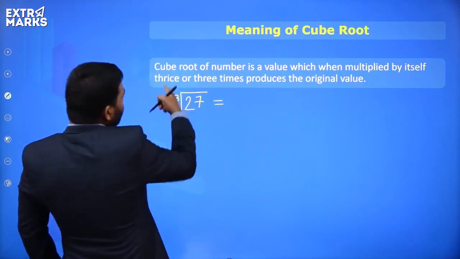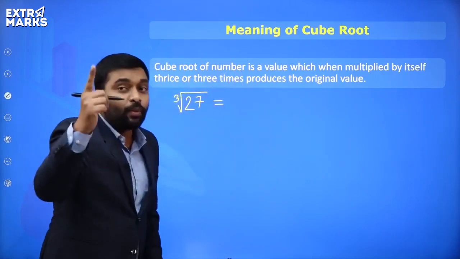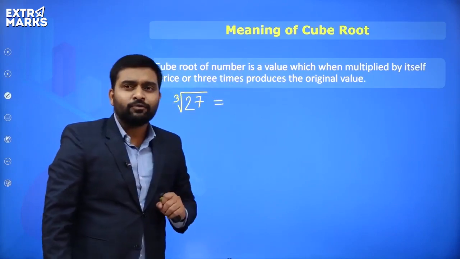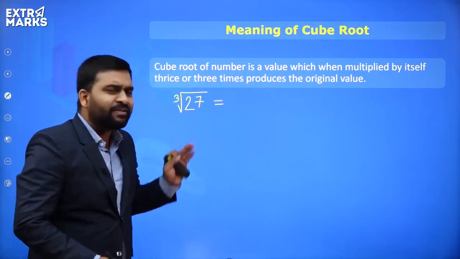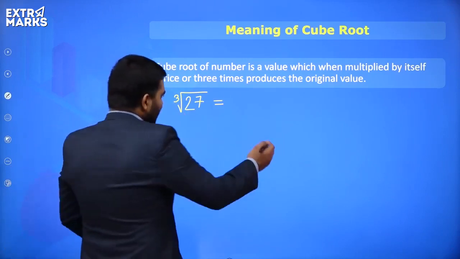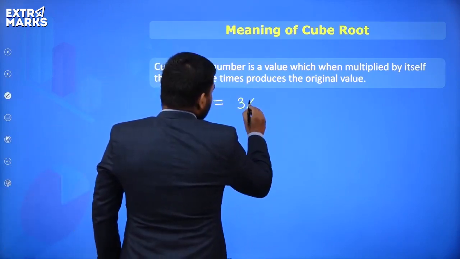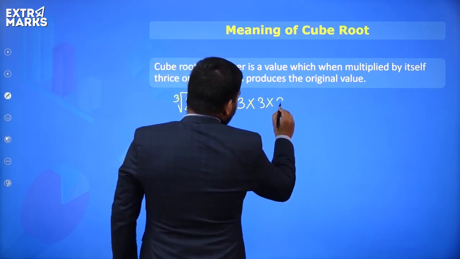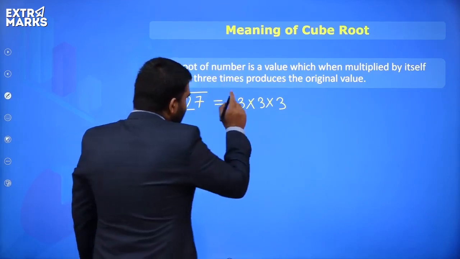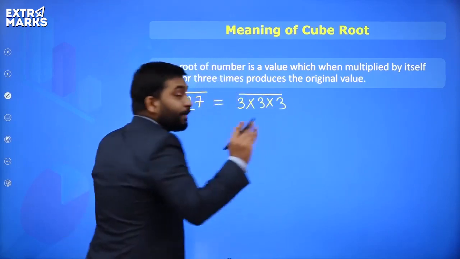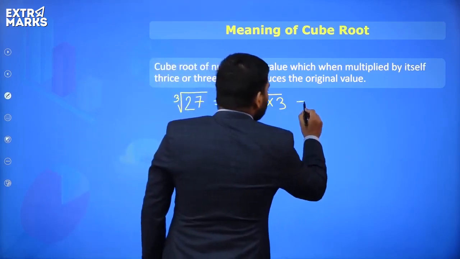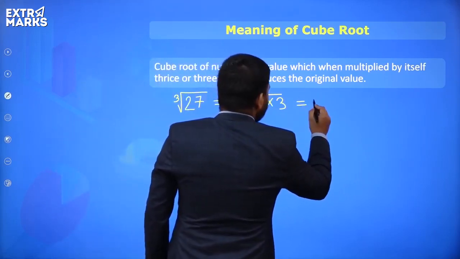Now everyone think, how can we get 27 by multiplying which number 3 times? So you will say, sir, if I multiply 3 into 3 into 3, 3 times 3 is 9, times 3 is how much? 27. And in the cube root, we do the pairing of 3 same numbers. So we can say the answer of cube root 27 is 3.